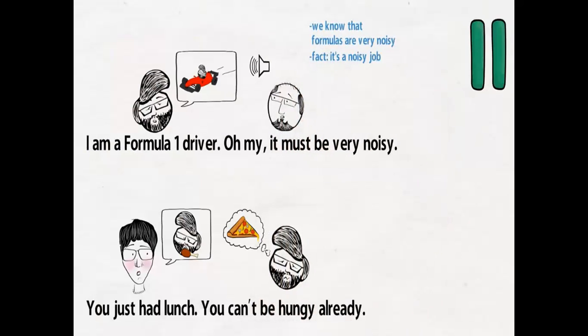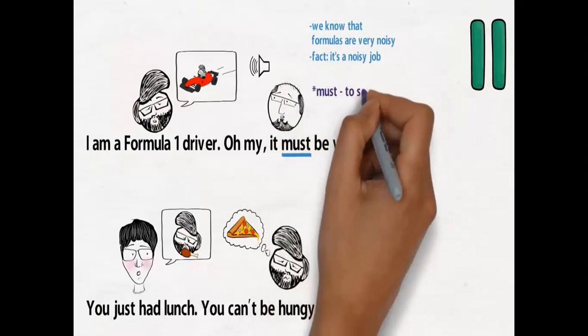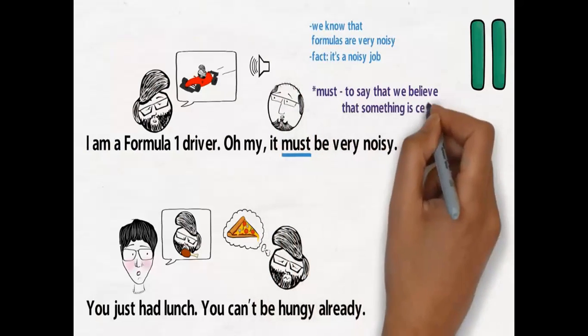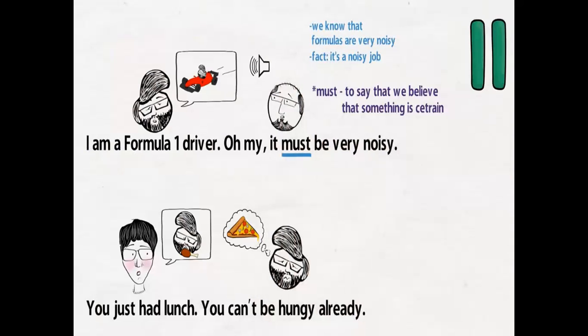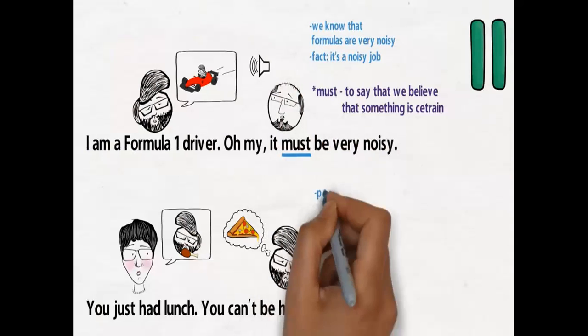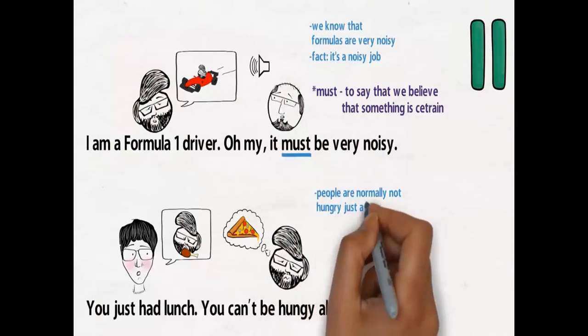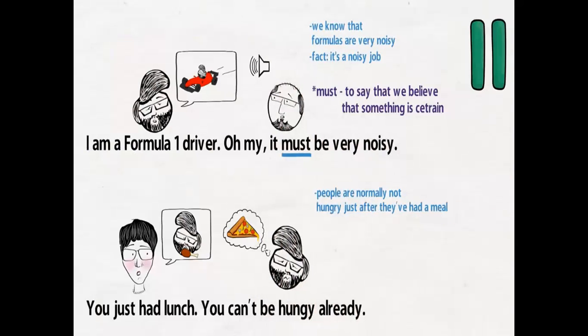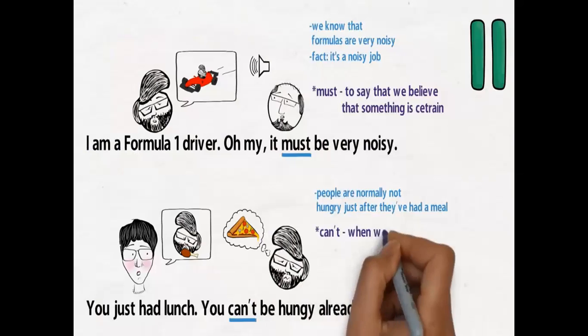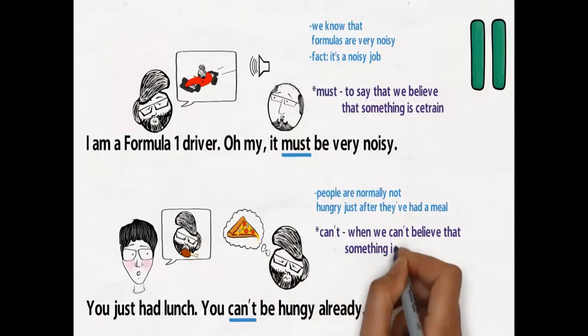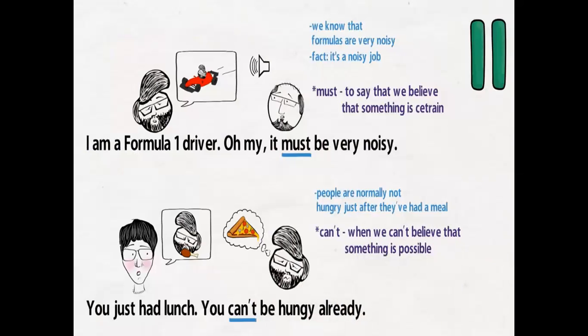Therefore, we can say that we use must to say that we believe that something is certain. In the second example, we can assume that people are normally not hungry just after they've had a meal. So, we can say that we use modal verb can't when we believe that something is impossible. Or, to put it differently, that we believe that something is impossible.